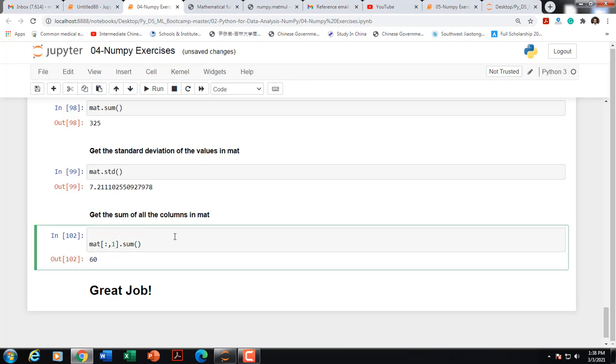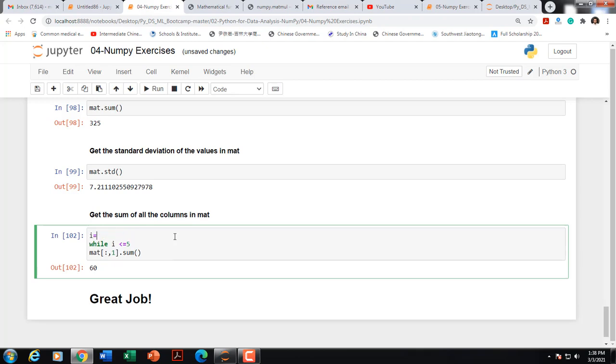We can even do a while loop, while i is less than or equal to 5, with i equal to 0. This will be a bit tricky. We'll see. There's another way.